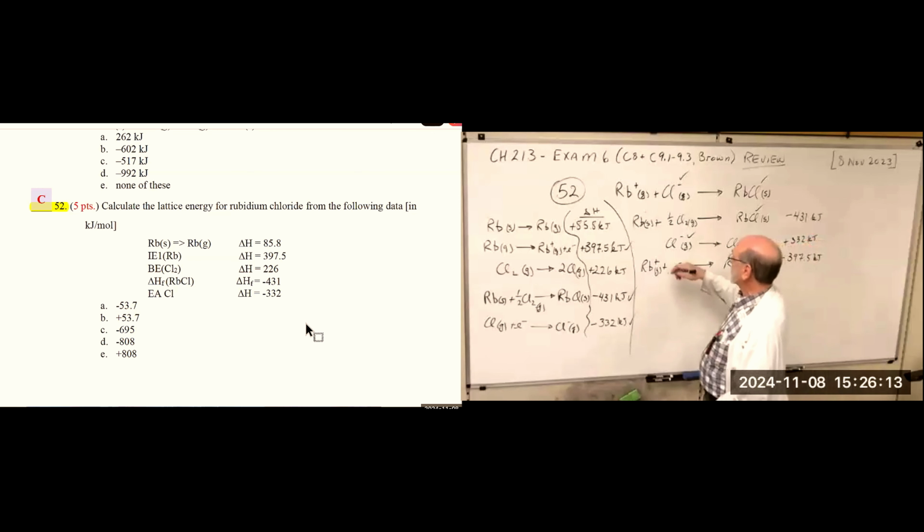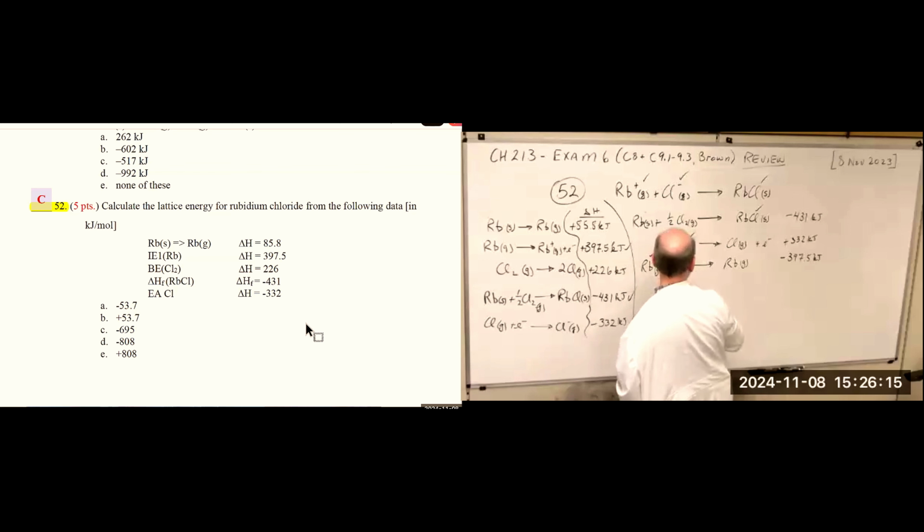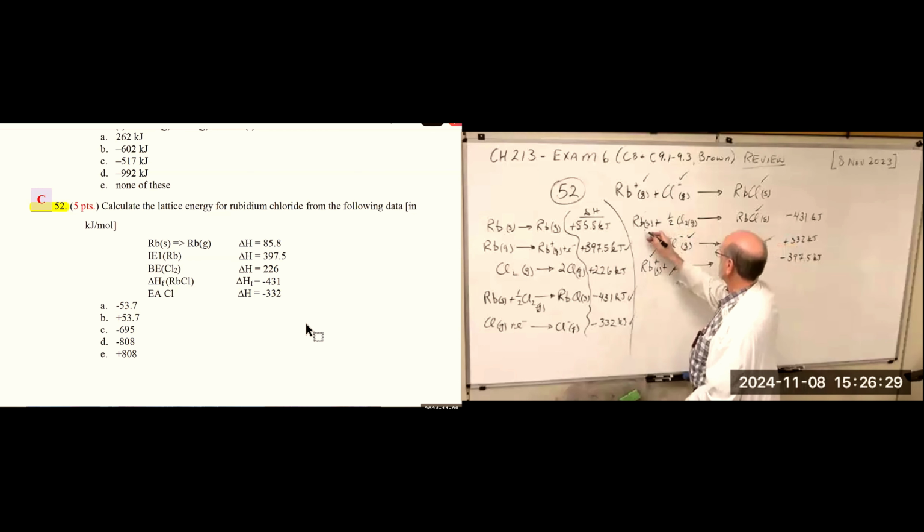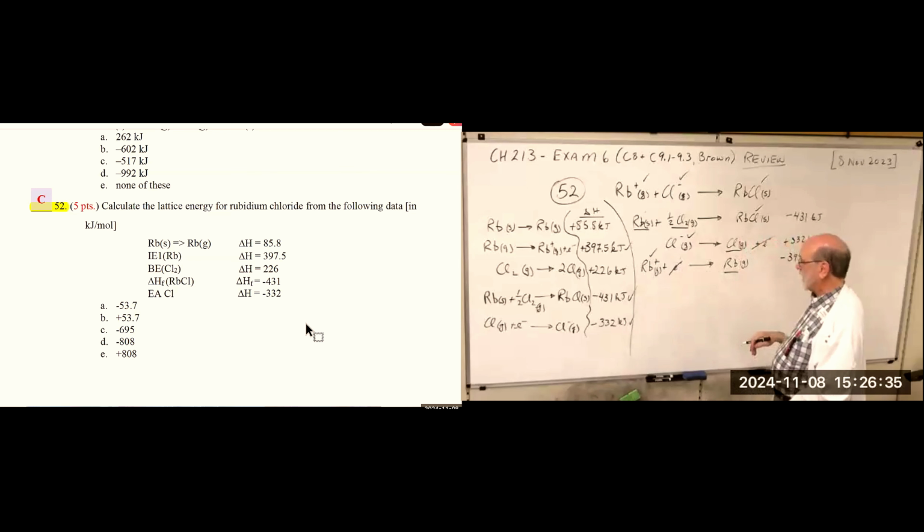Now, we've got all of these guys accounted for, but now, well, that cancels that. Do that one. These, and let's see, this one, and these. We've got to find a way to get rid of those. So rubidium, let's start from the top.